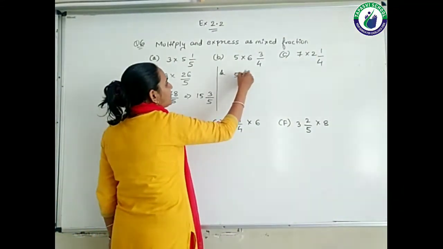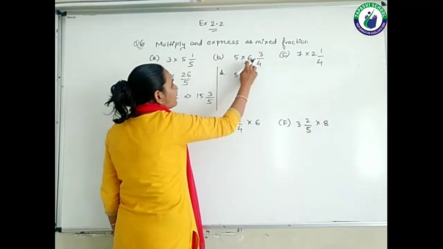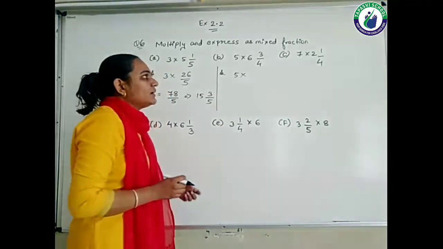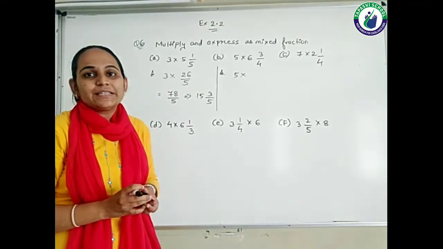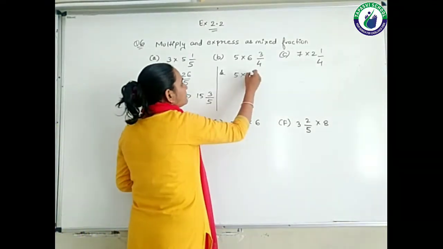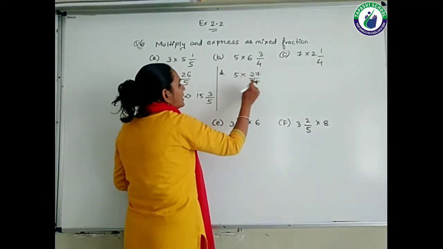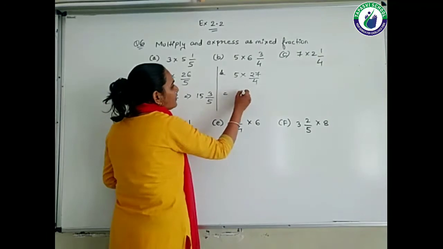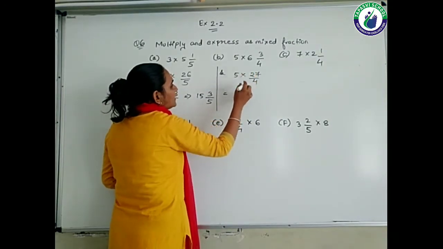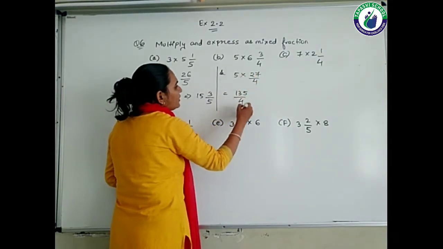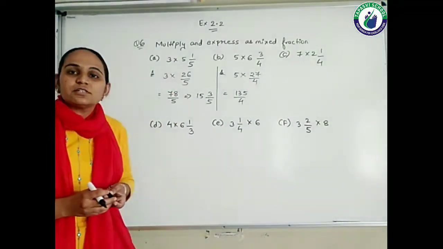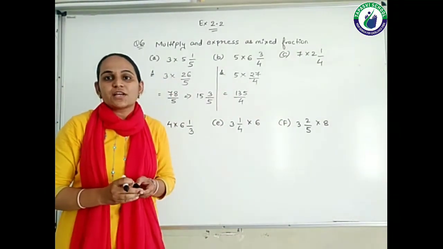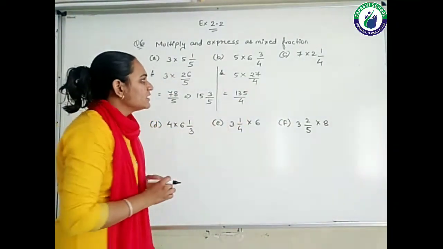First of all, I am converting this mixed fraction into improper. So 6 fours are 24. 24 plus 3, it is 27 by 4. Now let's multiply this. So 27 fives, 5 sevens are 35, 5 twos are 10 plus 3, so 135 upon 4. Now we have to convert, students, this answer into mixed fraction because this is an improper one.